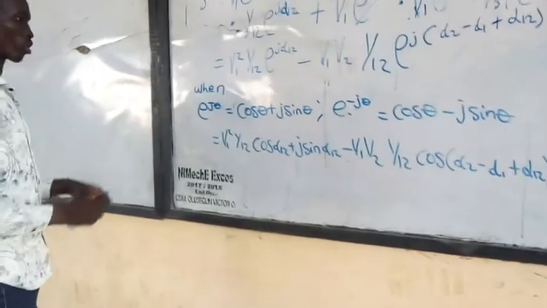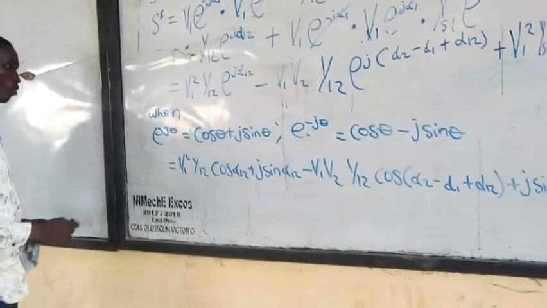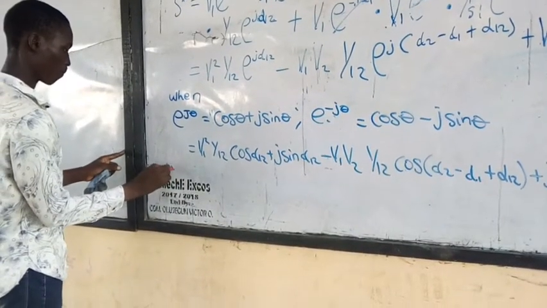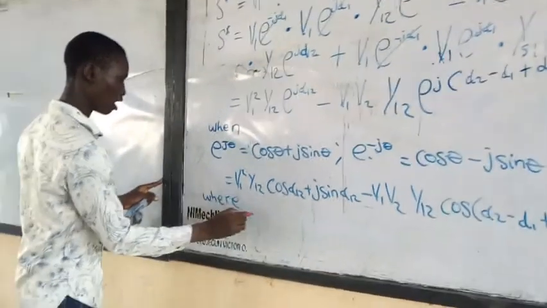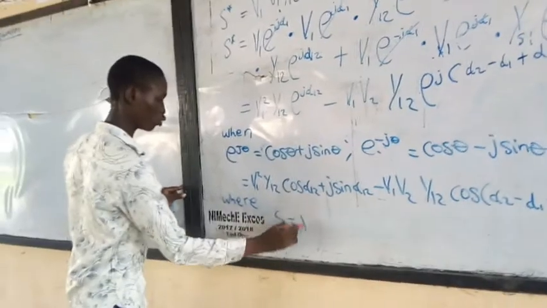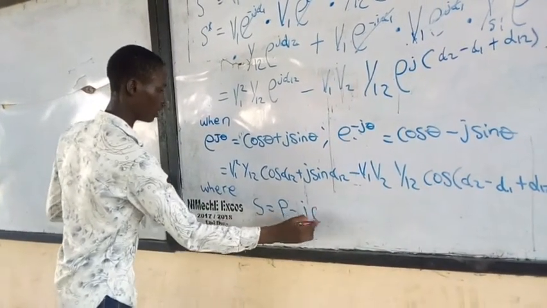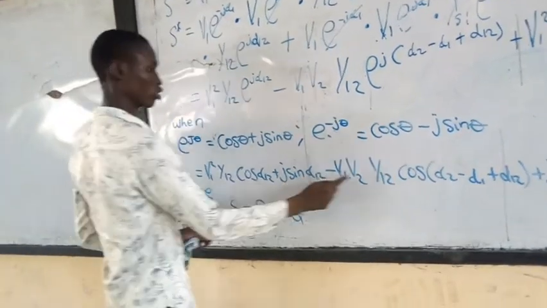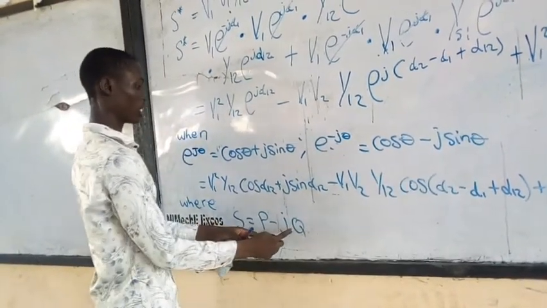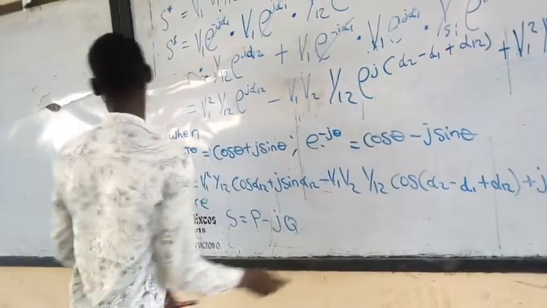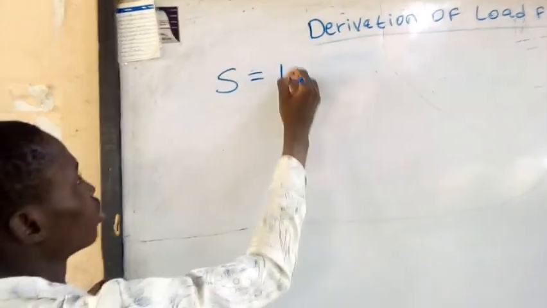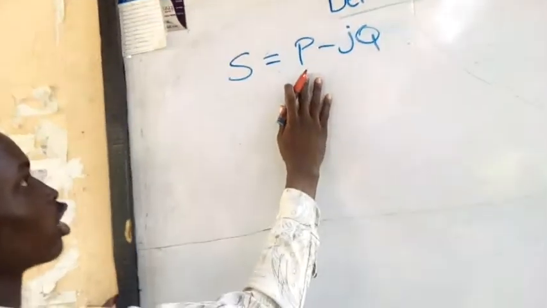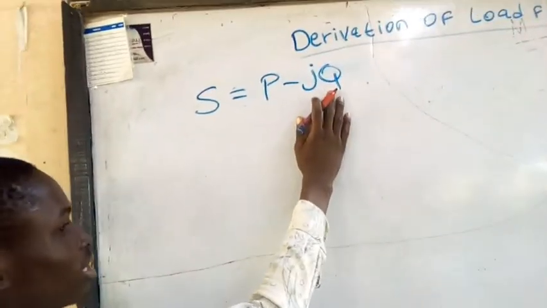So from here we will now say that where s is equals to p minus j q. So anywhere you see cos, it is for p. Anytime you see q, it is for what? For sine. S equals to p minus j q, where p is representing the cos and q is representing the sine.